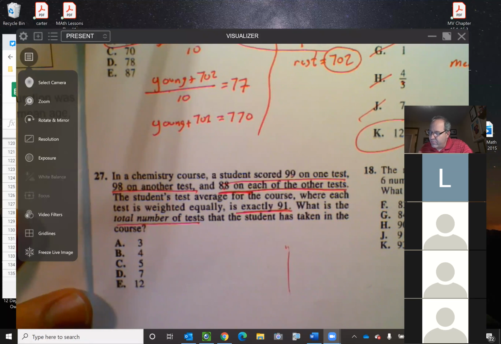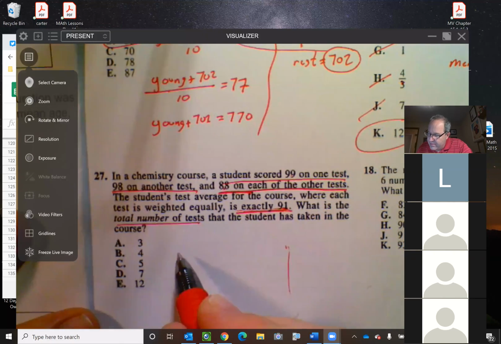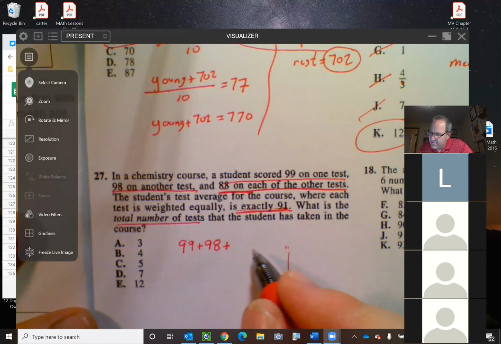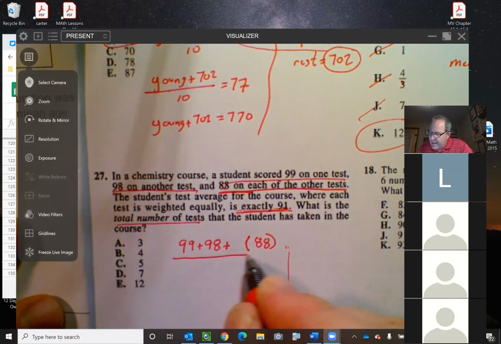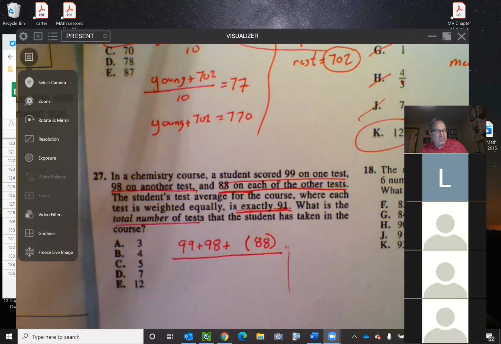Well, we know that the mean is 91. So let's go ahead and calculate that. They scored a 99. They scored a 98. And then I'm not sure how many of the 88s they had, right? I'm not sure if they had 3 of them, 4 of them, 5 of them, 6 of them.